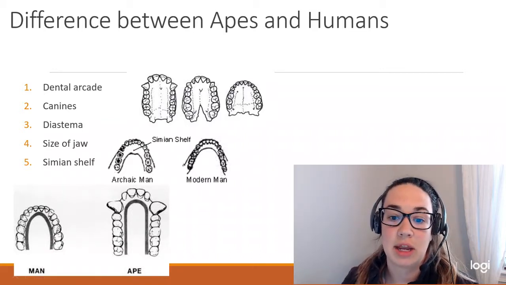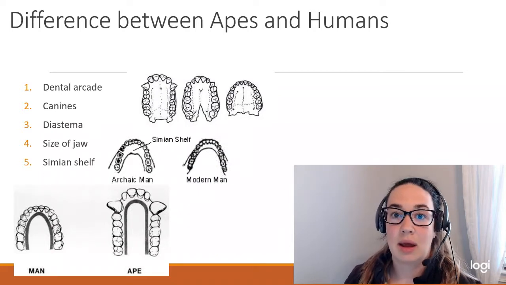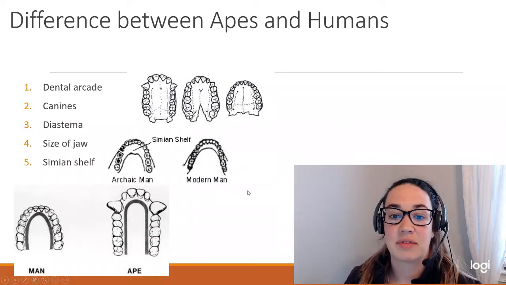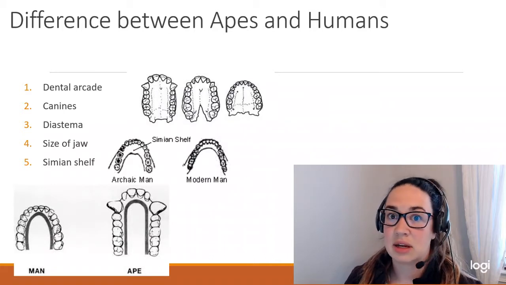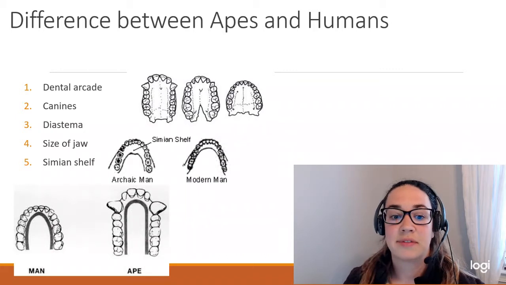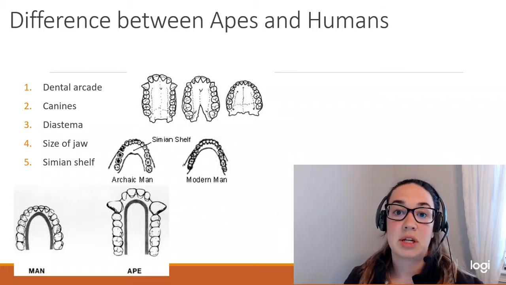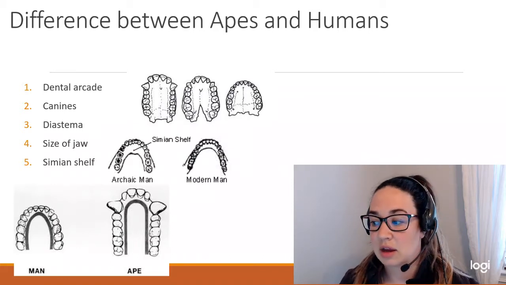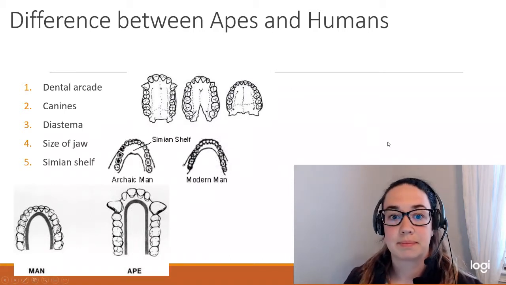It's a large bony plate where primates have a larger bony plate or simian shelf, where humans themselves do not have that. They have a very small bony plate right underneath their teeth, where it doesn't extend outward further into their mouth. And so those are just some differences that you can find, particularly in the mouth, between apes and humans. And this kind of puts us apart from them.